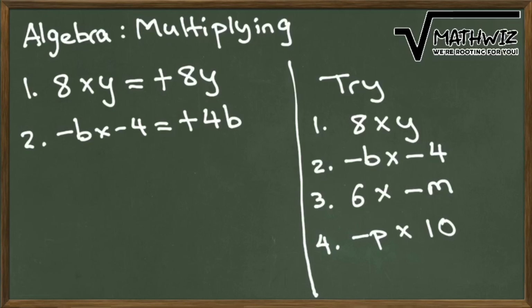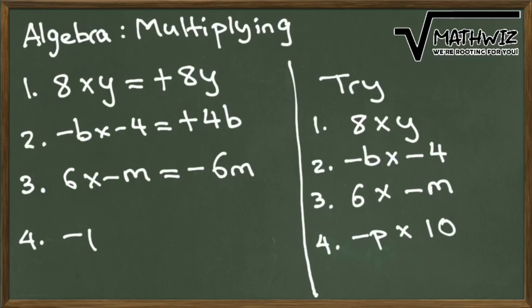It is 4b, not b4, because we put our numbers in front of our letters. We then have 6 multiplied by minus m, or negative m. A positive multiplied by a negative is a negative, and 6 multiplied by m is 6m.